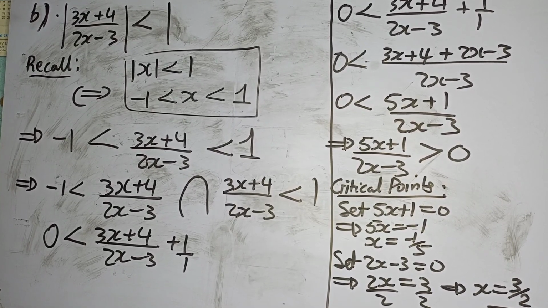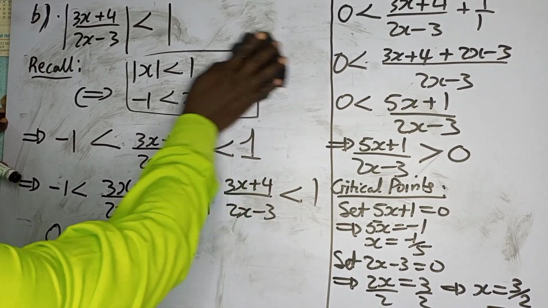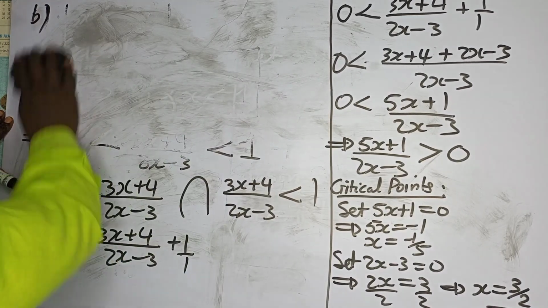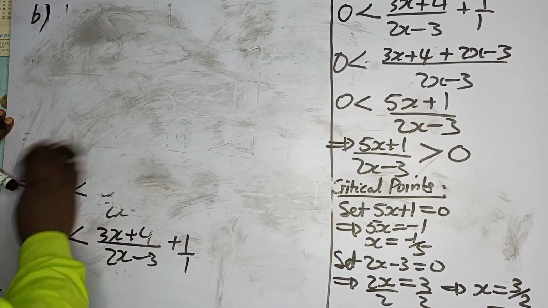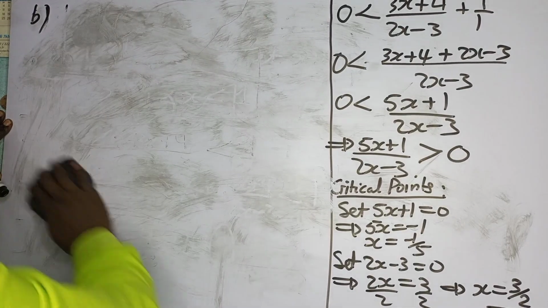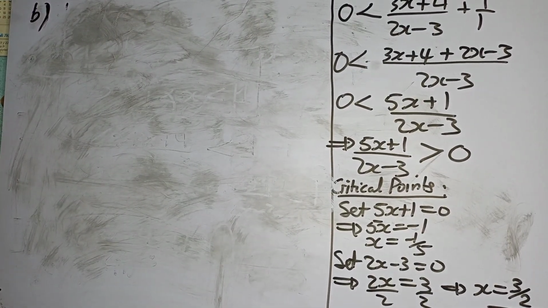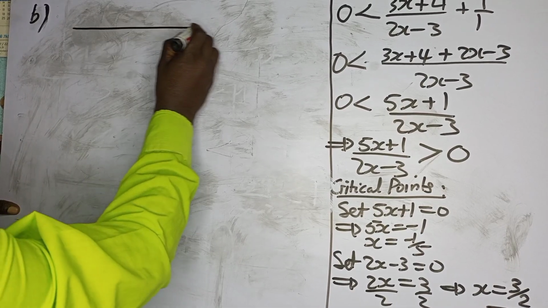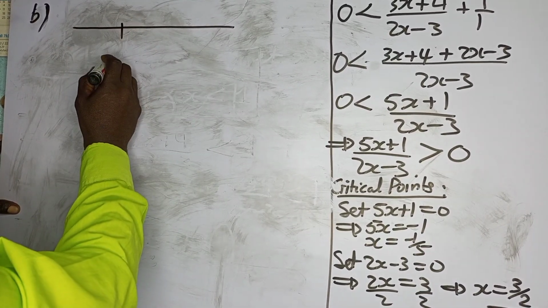Okay, so having gotten our two critical values, let us now use our number line to carry out our analysis. We'll put those values on the number line.